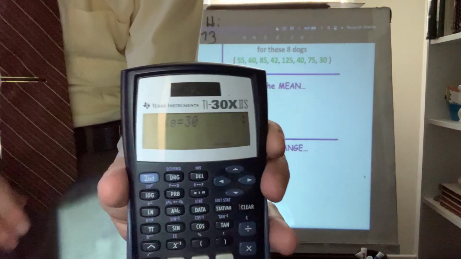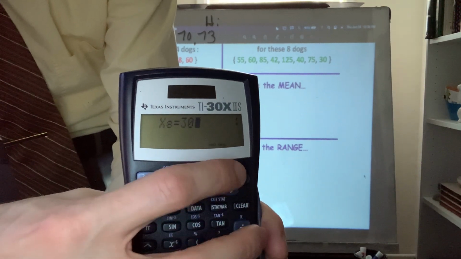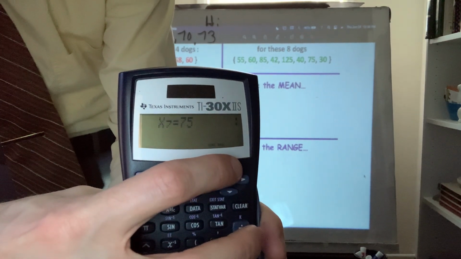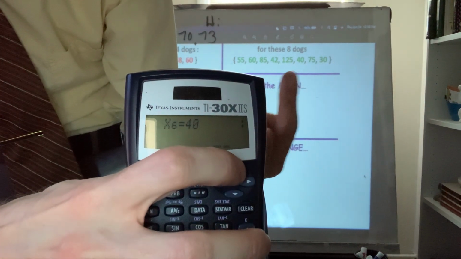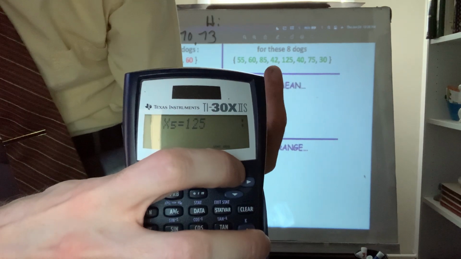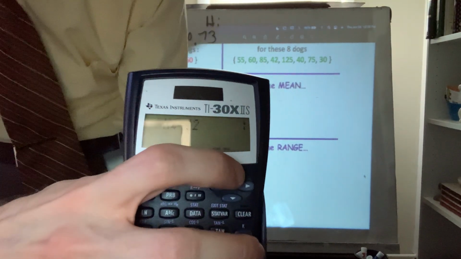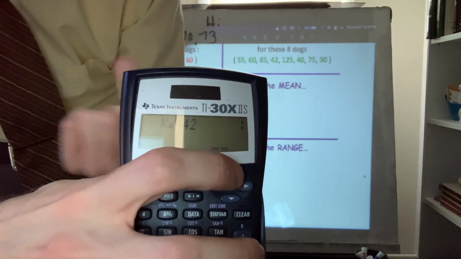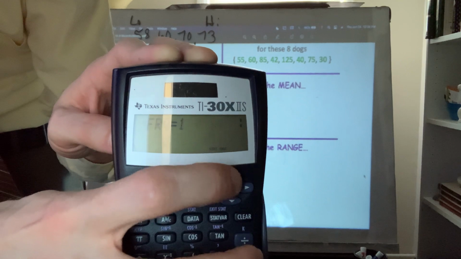Just to show you what this looks like, this is the 8th data value. 75, 40, that's over here. 125, 45, 42 rather. 85, 60, 55.